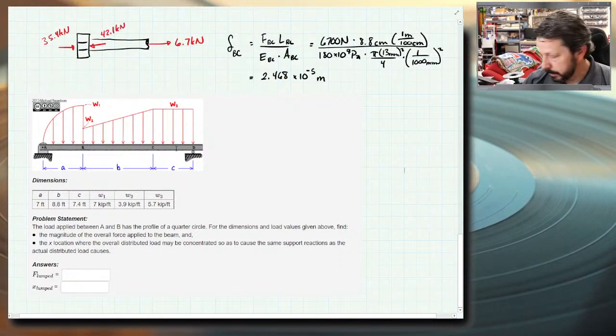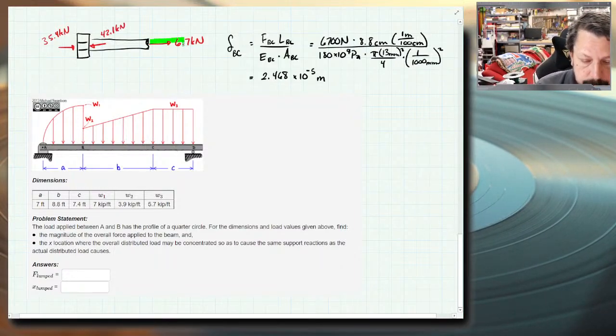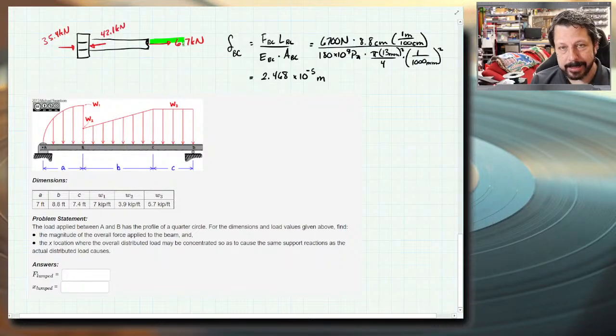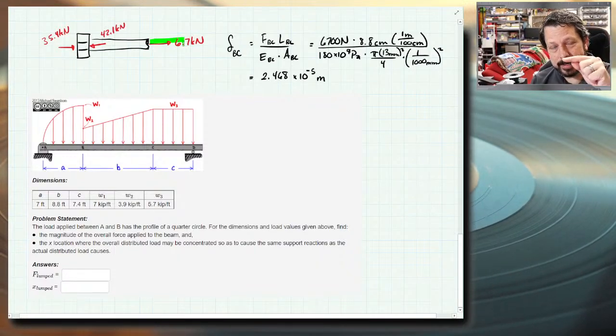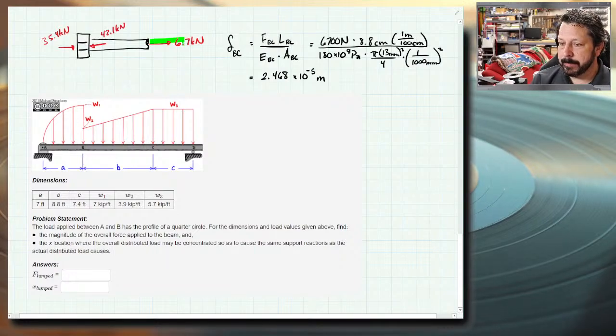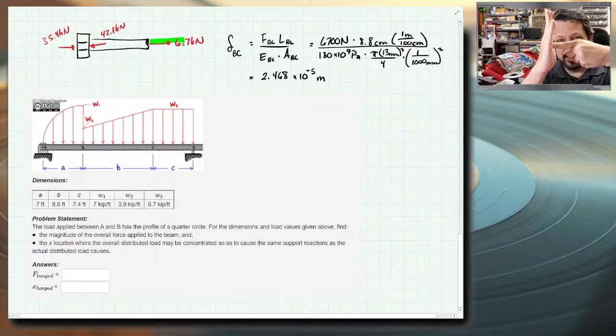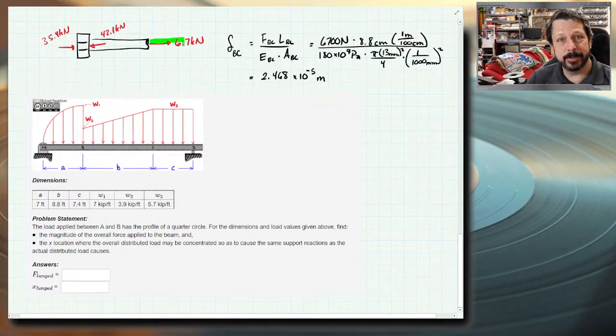So what's going on here is, most of the time so far we have only dealt with loads represented as an arrow, like a single point load somewhere. But that doesn't accurately describe all the situations you might want to look at. Sometimes instead of applying a force at a single point, you might want to apply a force that's spread out over an area, because that does act differently.